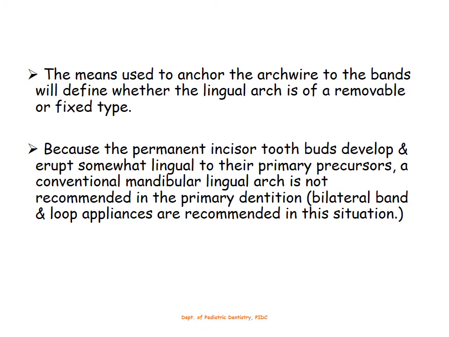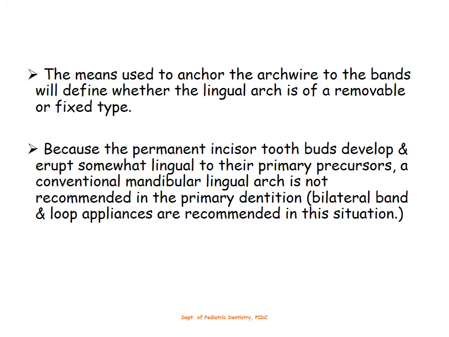As I have already discussed, if it is a primary dentition with bilateral loss of primary teeth and the permanent central incisors have not erupted, then you have to give a band and loop space maintainer. But if the permanent central incisors have erupted and there is bilateral loss of teeth, then you have to give a lingual holding arch appliance.